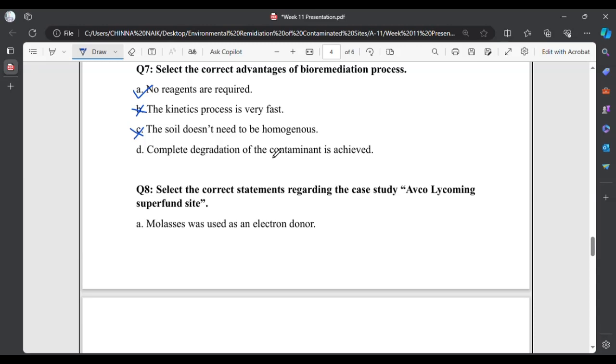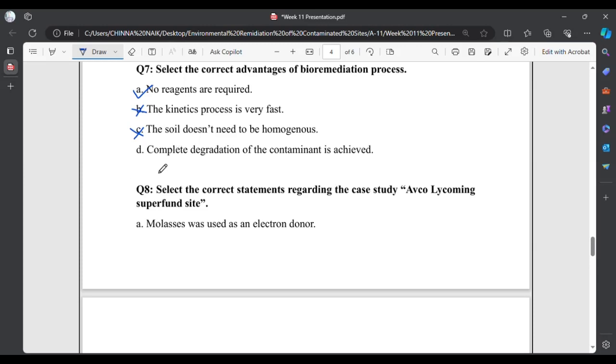If it is heterogeneous, it is very difficult, because the parameters and conditions we are trying to maintain for microbial growth, such as pH, oxygen supply or temperature, are very difficult to keep uniform in heterogeneous soil. So homogeneous soil is needed.